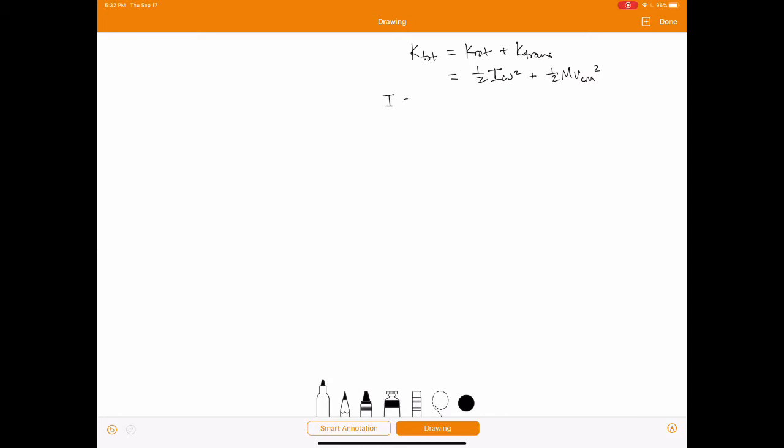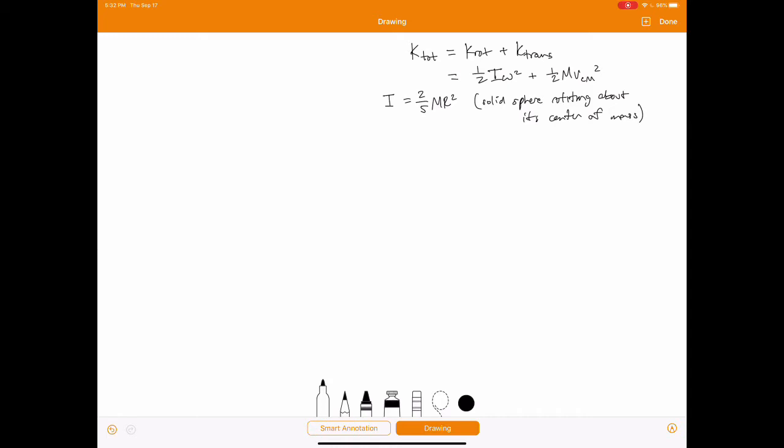The moment of inertia of a solid sphere is given by 2/5 m r squared. So this is a solid sphere that rotates about its center of mass. And that would be the case, of course, if we have a bowling ball.